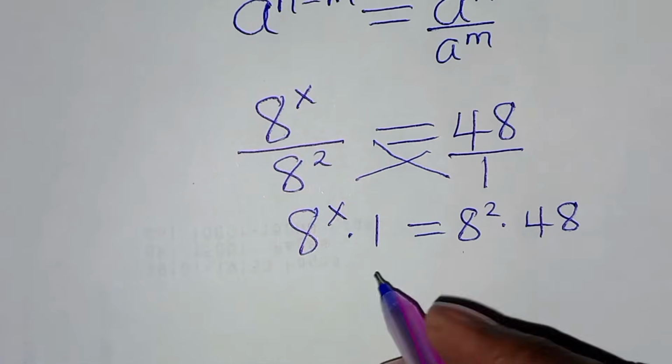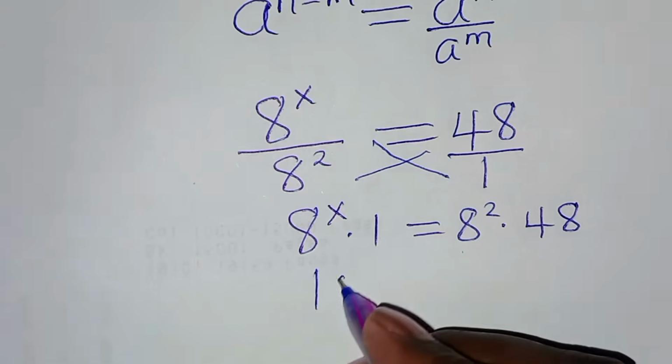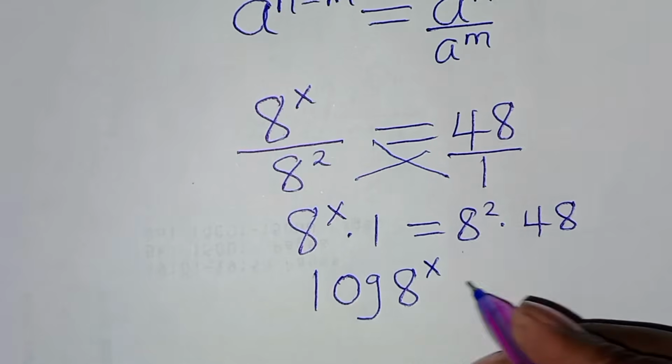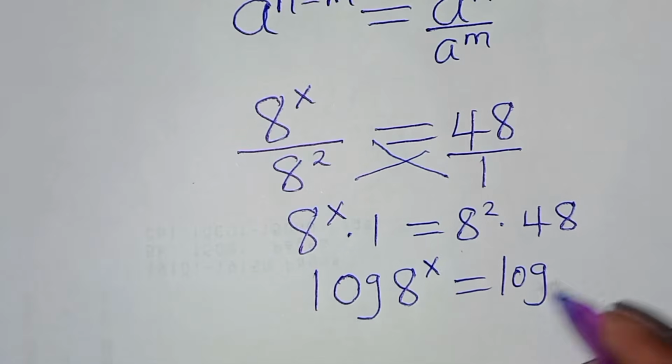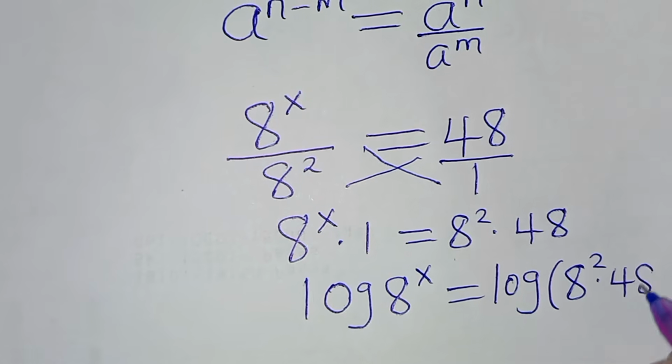The next step from here, to solve for x, we introduce logarithm on both sides so that we have log 8 to the power x equal to log 8 to the power 2 times 48.